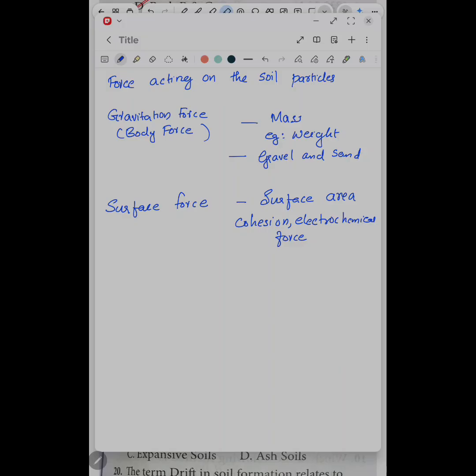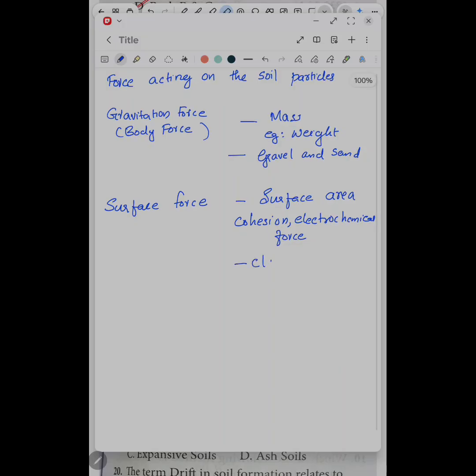This is predominantly seen in clay. So in clay we see surface force, which is proportional to surface area, and the forces in clay are cohesion and electromagnetic force.